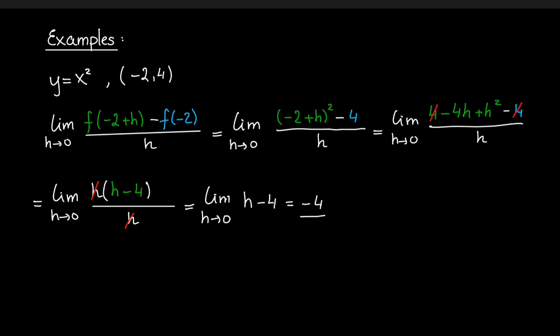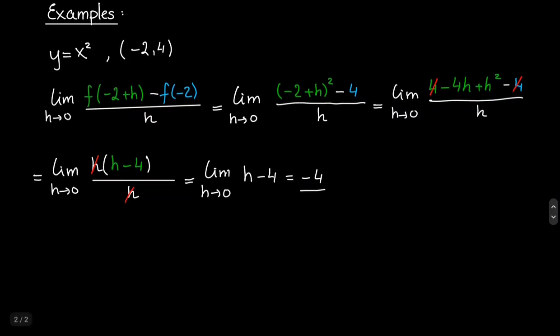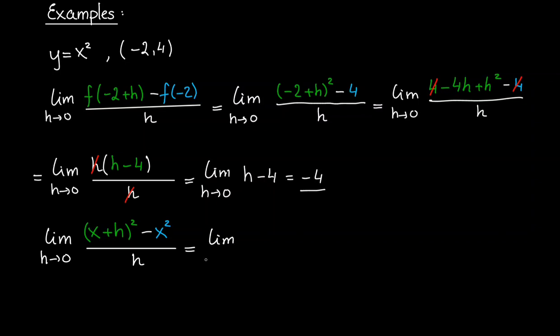Now, using the same example, but without a given point, we can actually find a general expression for all of the gradients on the x squared graph. Once again, we are using the first principles, however, without the given point. It means x is simply there as a variable. And when we open the numerator, what we get is x squared plus 2xh plus h squared minus x squared, over h.